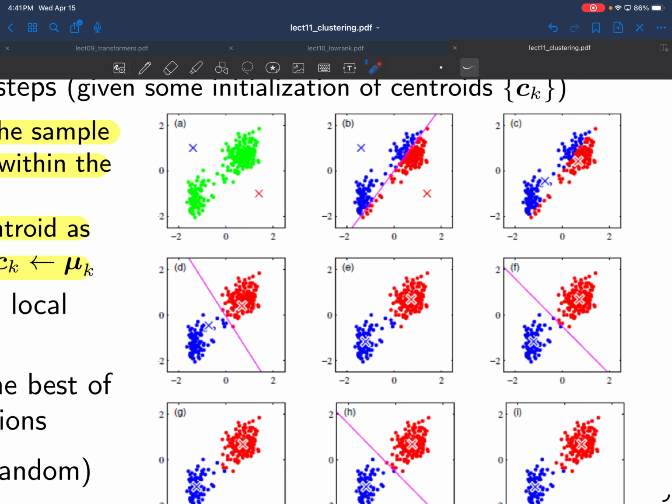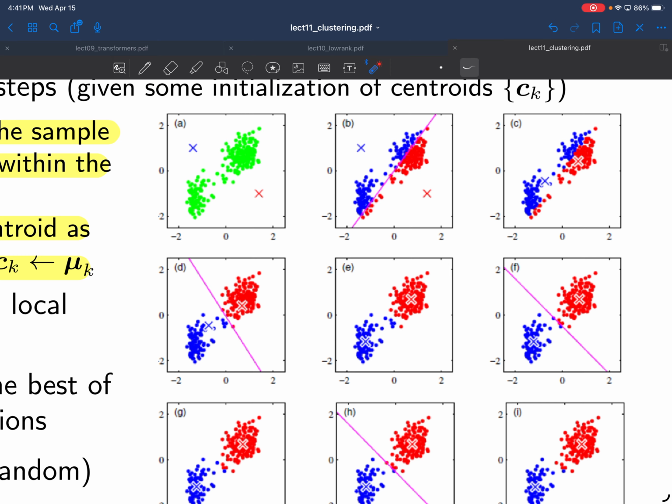Okay, and now we start over. Given these 2 centroids, we would find the decision boundary, which gives us these decision regions. So now we would compute the sample mean for this set of points, which is going to be over here, and the sample mean for this set of points, which is going to be over here. And we repeat once again.